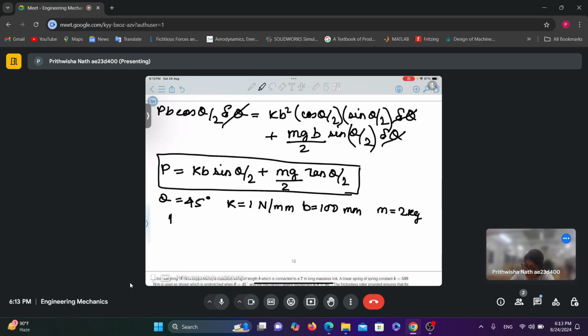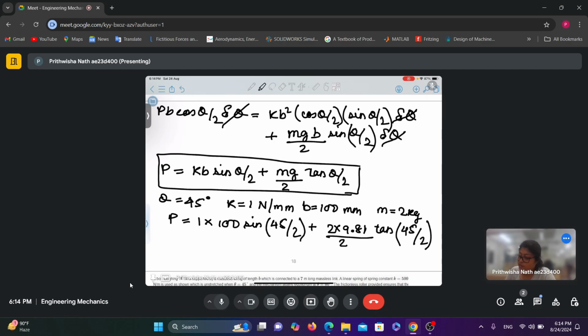So P equals to 1 into 100 sine 45 by 2 plus 2 into 9.81 by 2 into tan of 45 by 2.